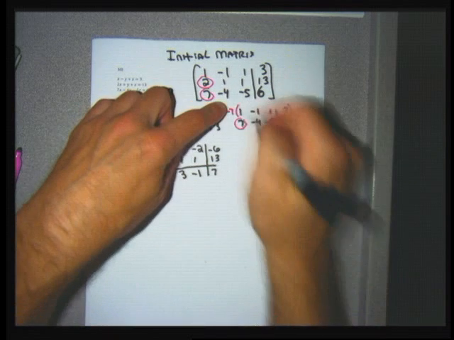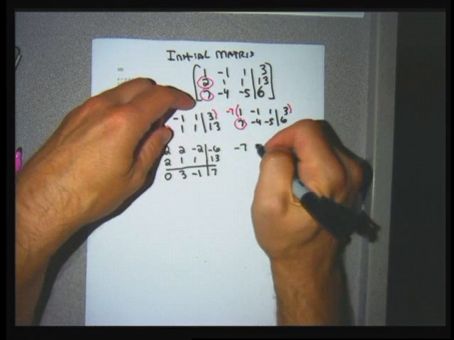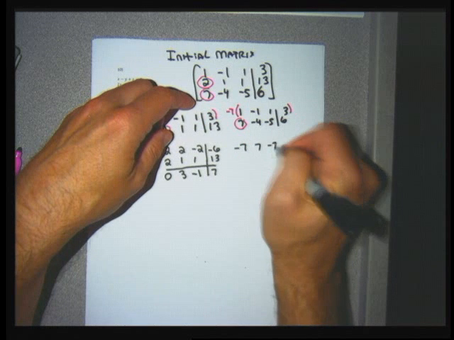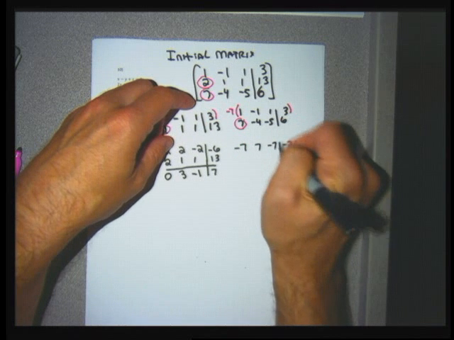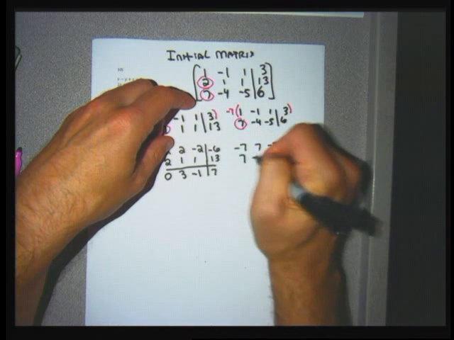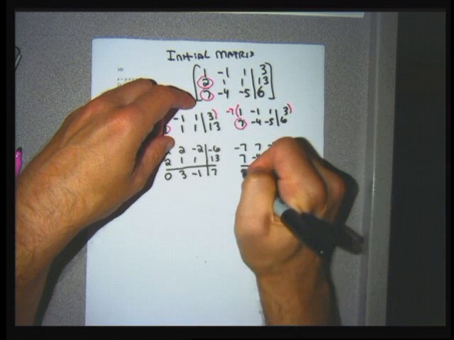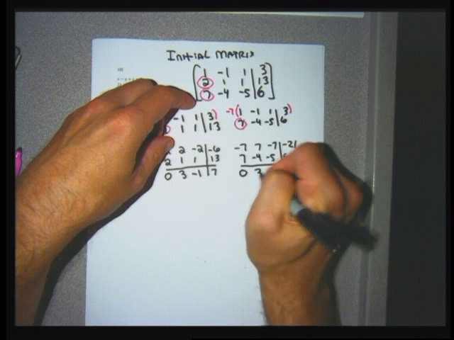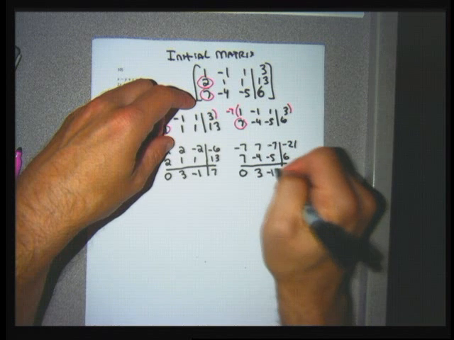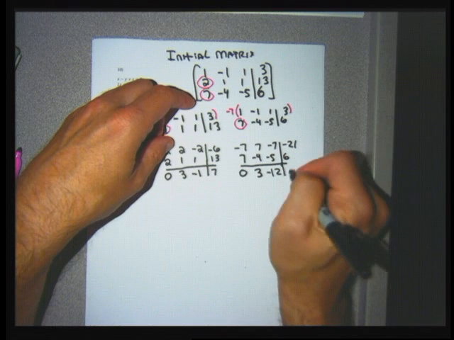Multiplying this by -7, I get -7, +7, -7, -21. Writing that on top of 7, -4, -5, and 6, I get 0, 3, -12, and -15.